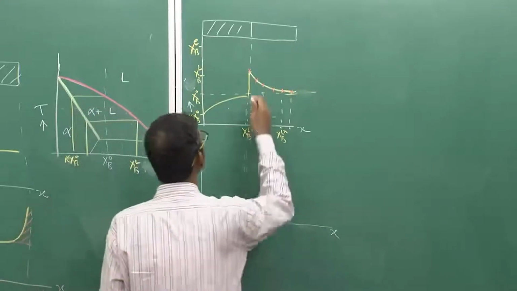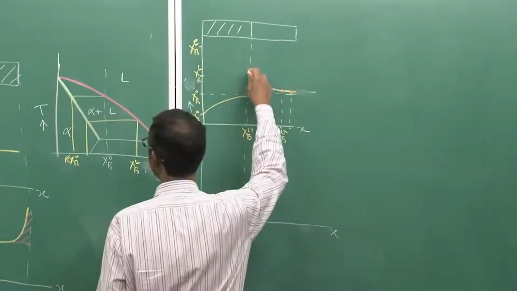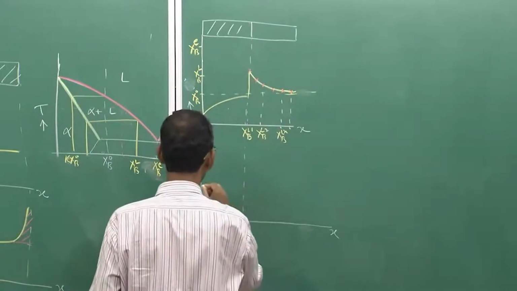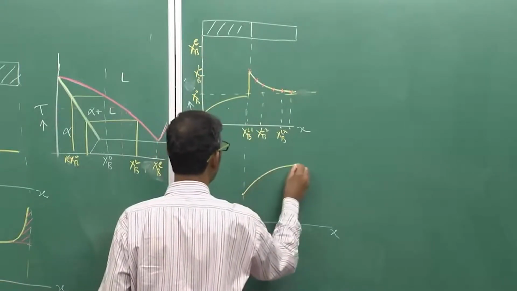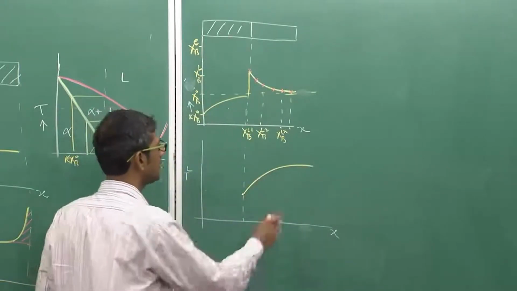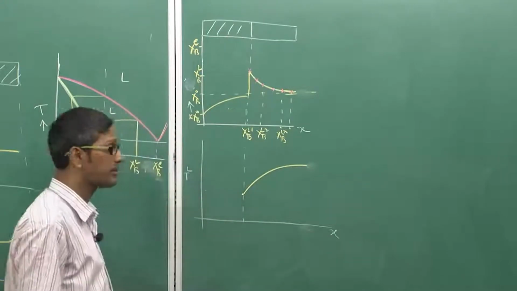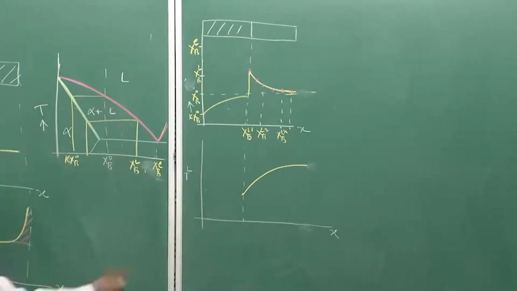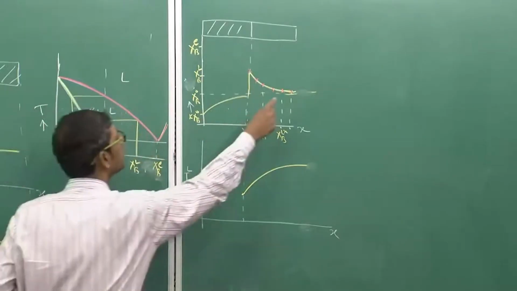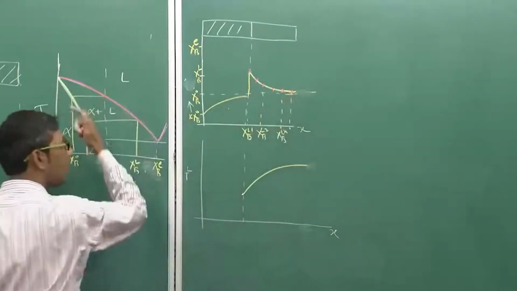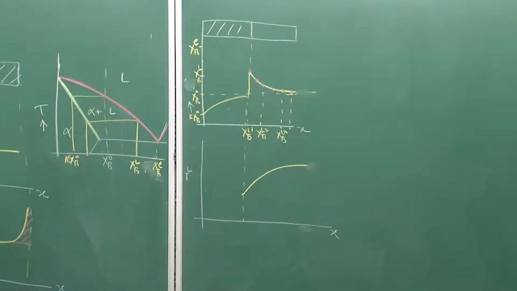It will be very low at the interface because the composition is high there, and let us mark this point, and then it will slowly increase. This is what it will look like, because when composition is high, liquidus is low, and when composition is lower, liquidus is higher. That is a direct correlation. So, that is the liquidus.